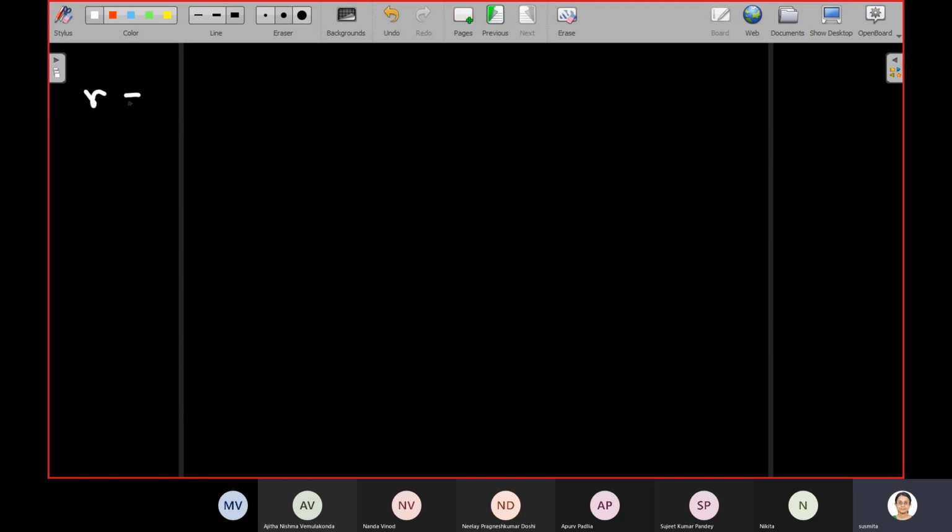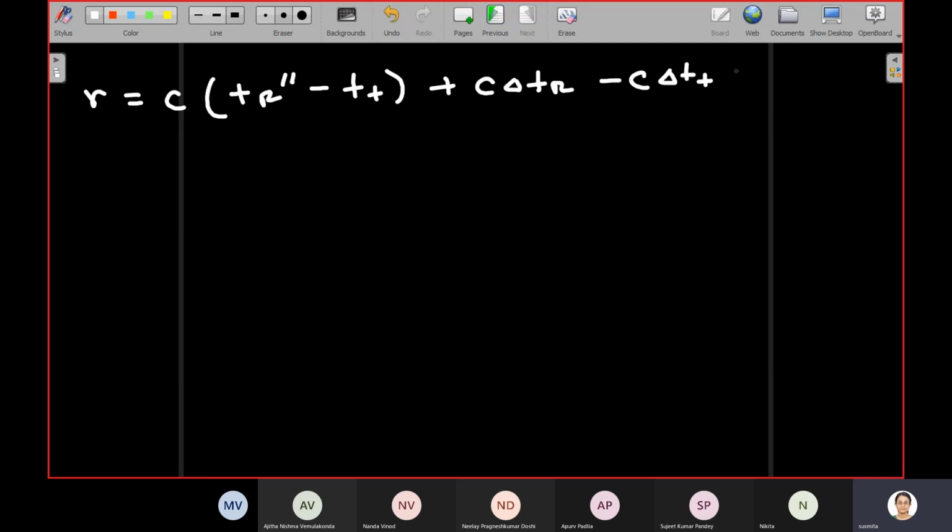R is equal to, and then take the delta terms out. Right?